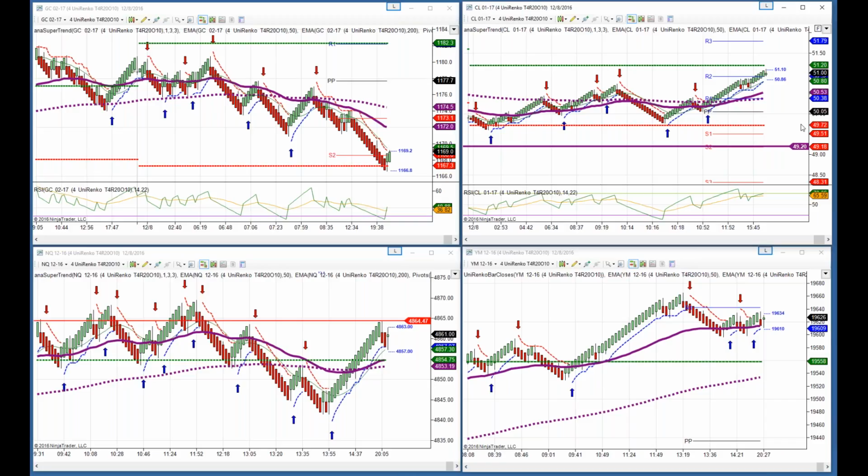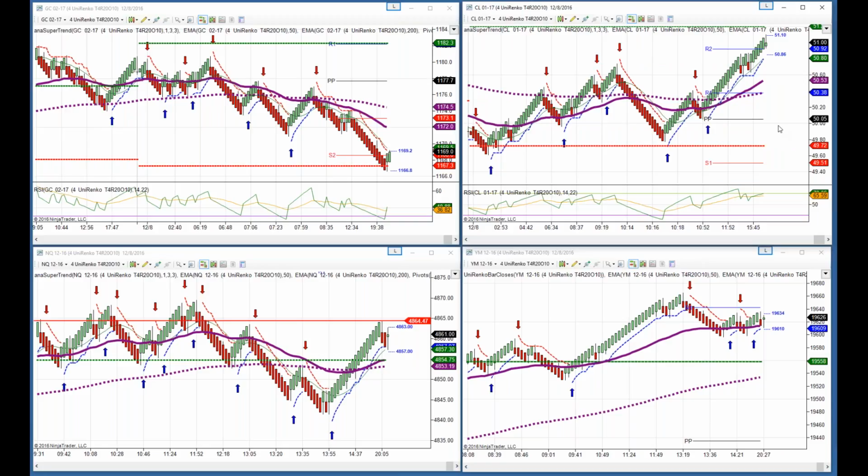If it goes through R1, it's probably going to R2. If it goes through R2, good chance it's going to R3. Not always. Remember, those R1, 2, 3 and S1, 2, 3 are support and resistance areas. So once they're broken, many times it will go to the next pivot point. Okay?